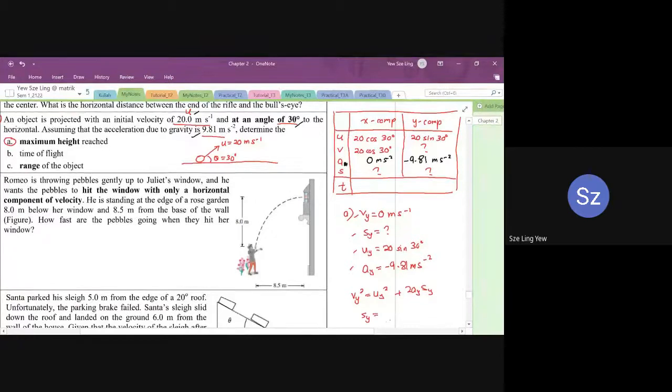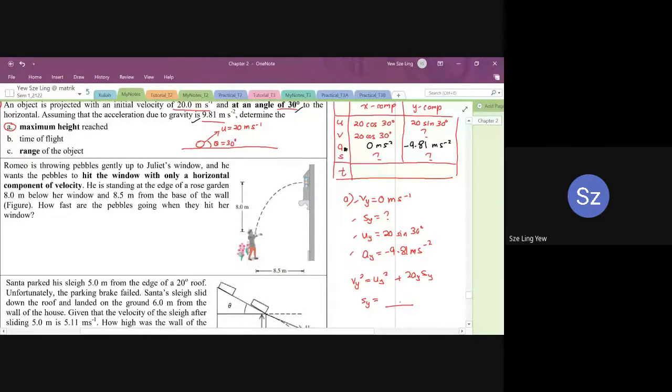Okay, you calculate Sy. So you try to calculate for me because I don't have the answer with me right now. Okay, so you try to calculate and give me the answer.